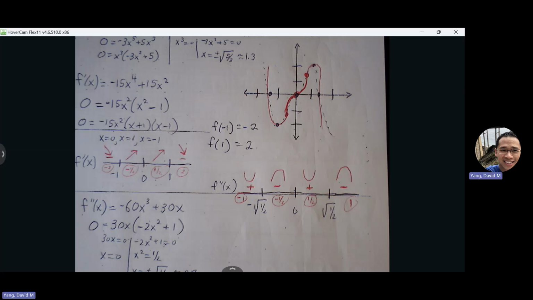Okay, so now the easiest part of the problem is filling out the bottom of the page because you have all the data in front of you. You're just grabbing your maxes, your mins, and then your intervals of increase, decrease, concave up, concave down. So spend a minute, see if you can fill the bottom parts out. Don't worry about the because statements.